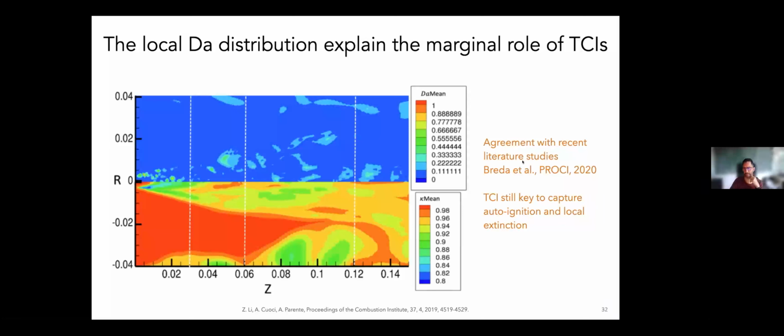At the same symposium, I think there was a paper showing that in LES you could sometimes use these models without closure in specific cases, of course. This doesn't apply to all cases, in particular to cases like this, where you have very low Damköhler numbers and very small fluctuations, like in mild combustion. This could be the case. Of course, I'm not saying you don't need TCI, you need it for sure, and I will show you that you need it to capture auto-ignition and local extinction phenomena.